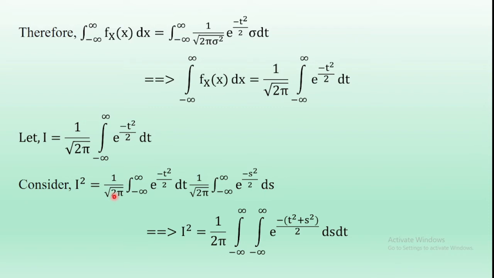So 1 by square root of 2 pi into 1 by square root of 2 pi is 1 by 2 pi, double integral from minus infinity to infinity. The two exponential terms are written as e power minus of t square plus s square by 2, into ds dt.